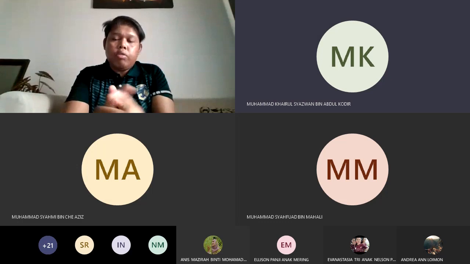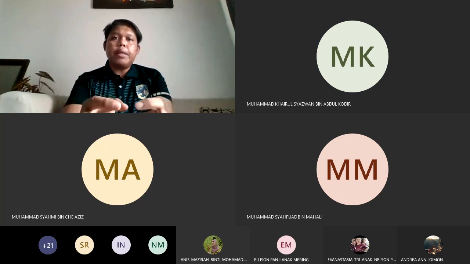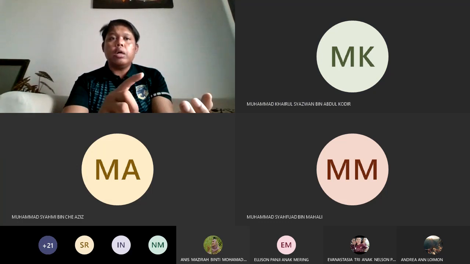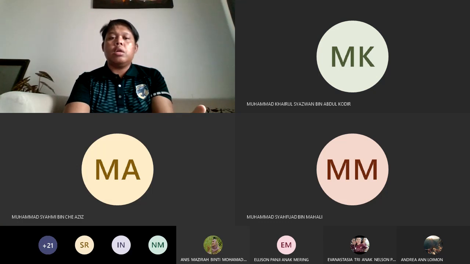Another thing I would like to remind the whole team or group members or design team is to please make sure your parameters are the same. Don't use different ones. For example, the slab thickness: if Shazwan uses 110, Syafuat also has to use 110.